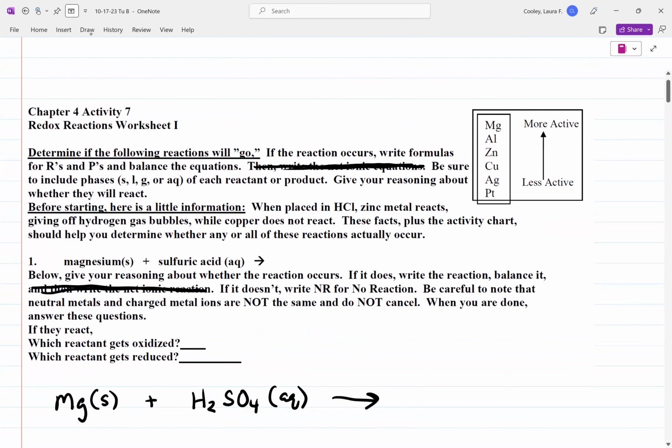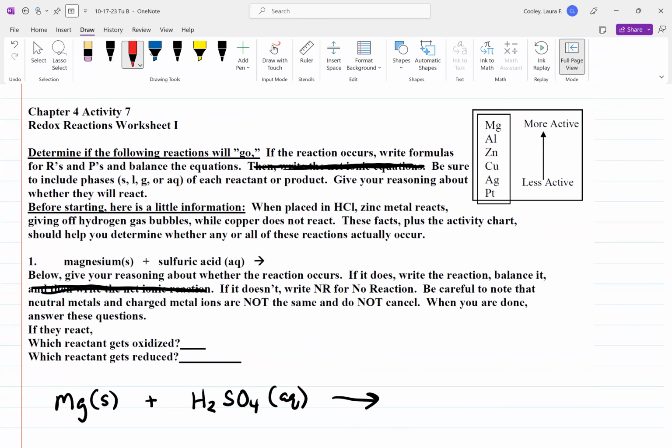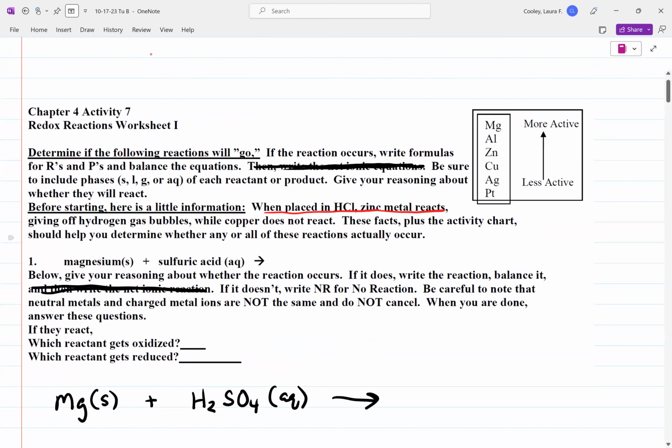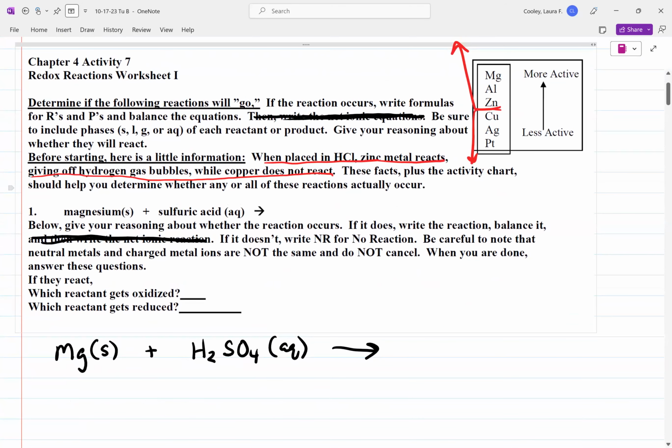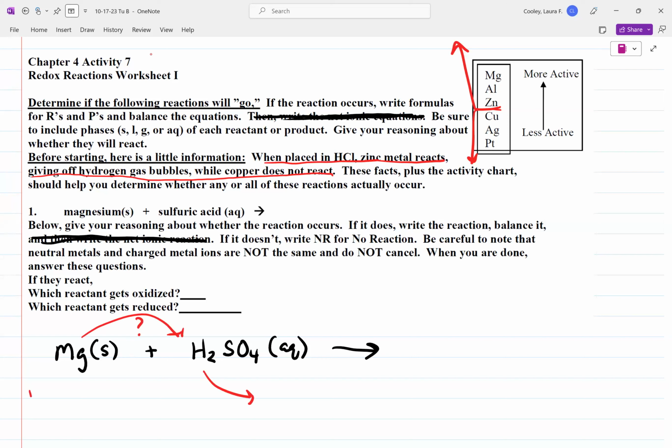By the way, I repeated that information up here. When placed in HCl, zinc metal reacts, giving off hydrogen gas, while copper does not react. So we know that this will react with strong acid, and on the bottom, it will not react with strong acid. So you're given that information. I give you that information generally. So my question is, will this happen? Yes.